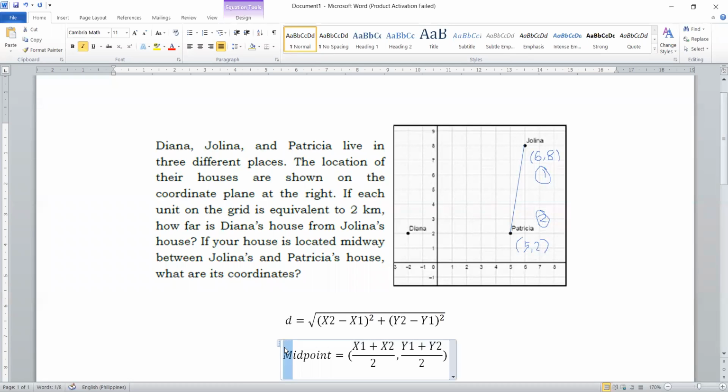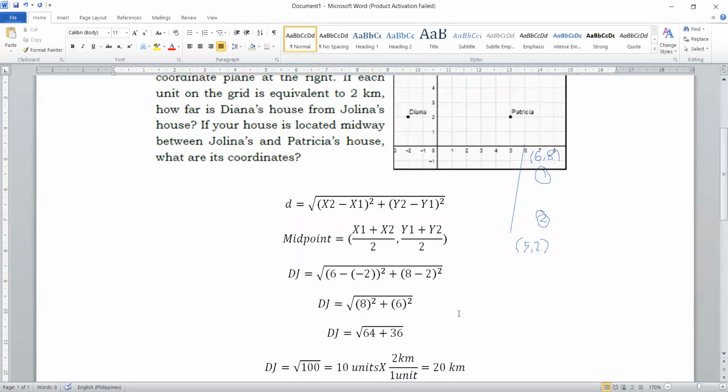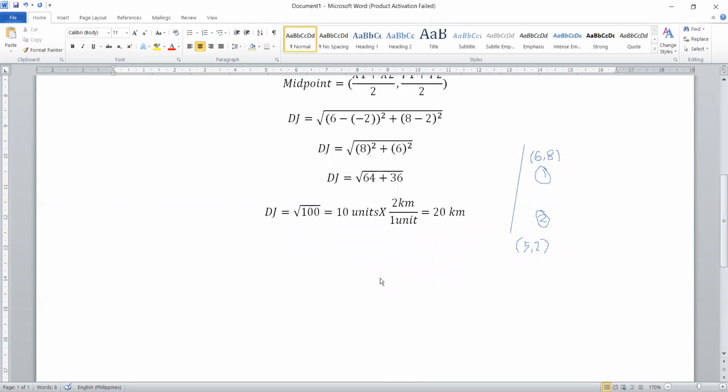So we just have to substitute the points here. x1 is 6, x2 is 5, so we'll have 6 and 5.